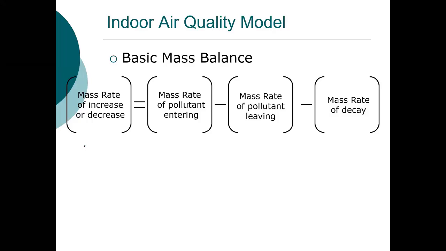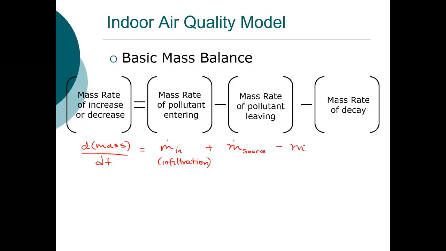So we can write this as the change in mass with respect to time. In terms of mass entering, we have mass in from infiltration. We have mass in from whatever internal sources we have, so in this case, the gas oven and burners.